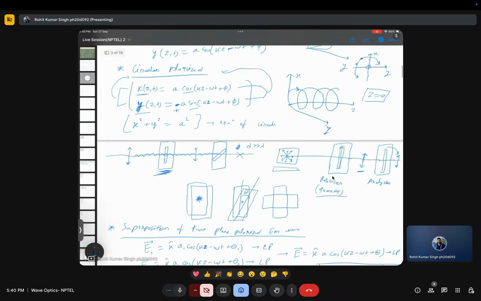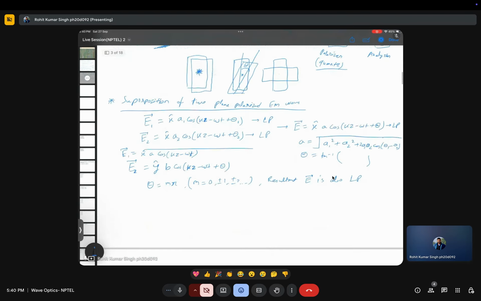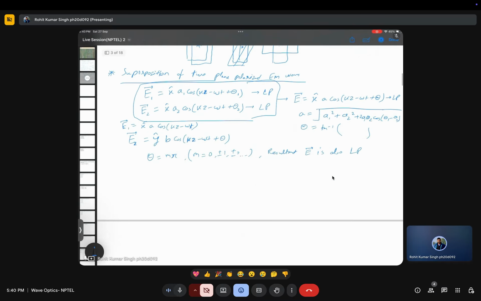Okay, so like we had here, but this linearly polarized wave will be at an angle to this x and y axis. Okay, it will not be in either the x axis or y axis.